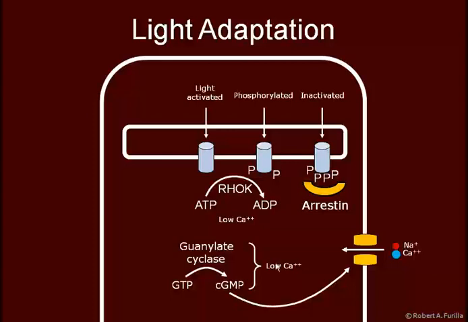In addition, if we allowed this activity to continue in the dark, we may actually have an overproduction of cyclic GMP. Too many sodium channels would open, and this could depolarize the membrane even more. We can think about this as a balance between cyclic GMP production and cyclic GMP degradation by the phosphodiesterase.